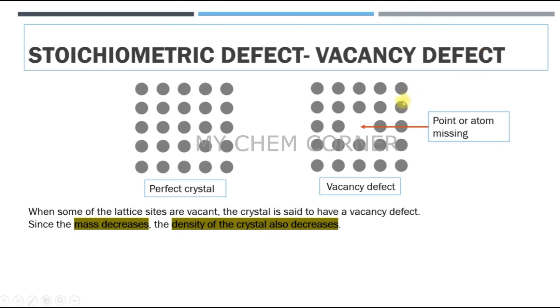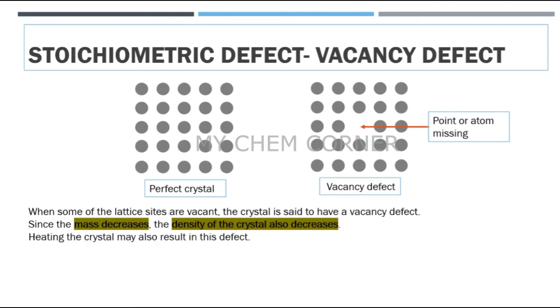Same thing here. When there is a lattice site that is vacant, which means that particular point or atom is missing, the mass is going to reduce. When the mass reduces, the density of the crystal is also going to reduce. Now, when is it mostly seen? When heating of the crystal is done.